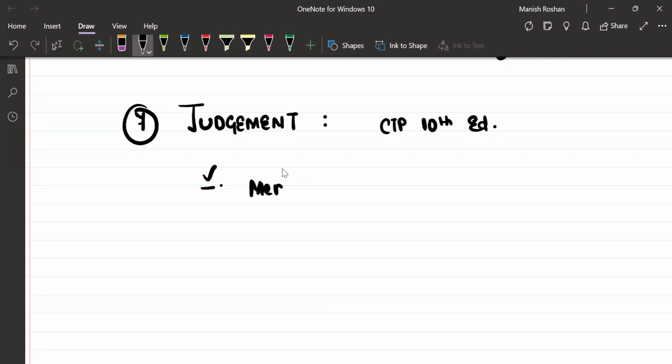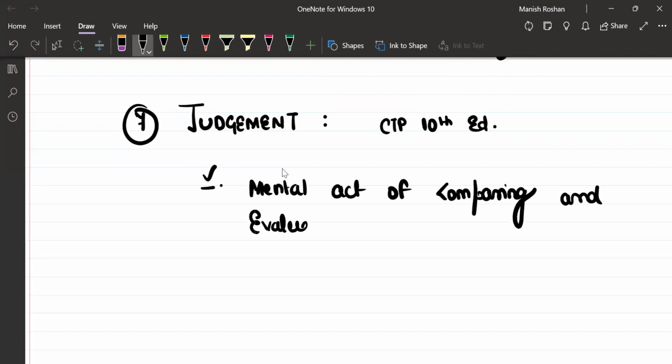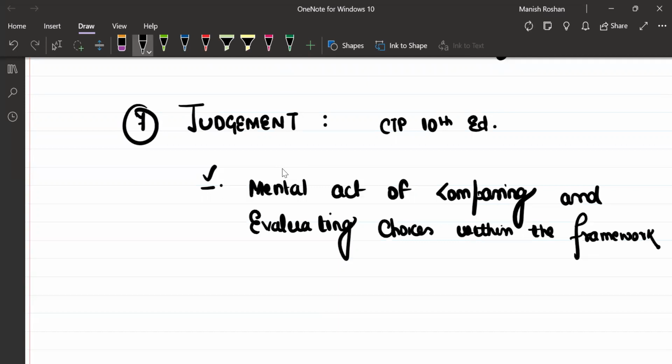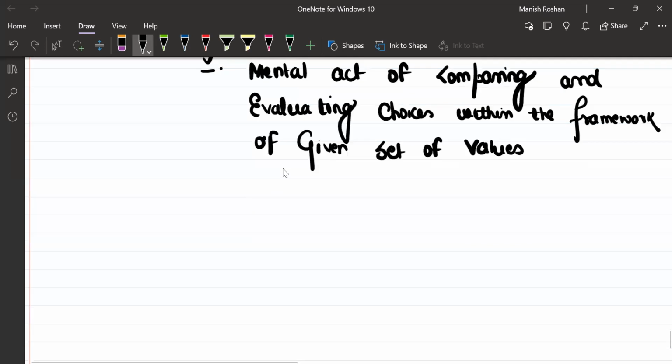So it is defined as the mental act of comparing and evaluating choices within the framework of a given set of values. This is the first part of the definition.